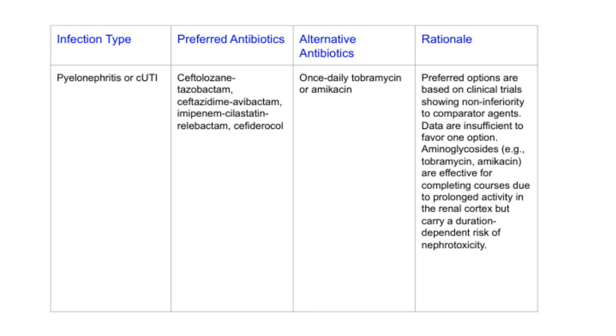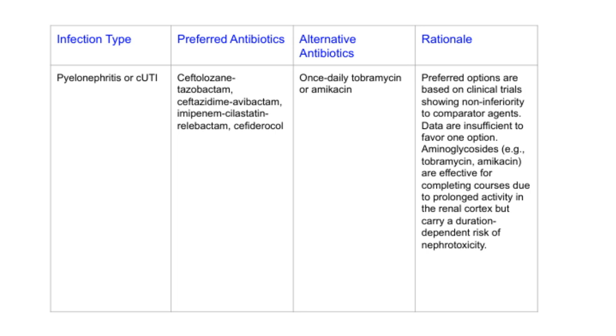Now, for alternative options, the table highlights once-daily tobramycin or amikacin, which are aminoglycosides. These are effective for completing treatment courses because they have prolonged activity in the renal cortex, providing sustained antibacterial effects. But on the flip side, they do carry a significant risk, namely nephrotoxicity, that increases with longer durations of therapy.